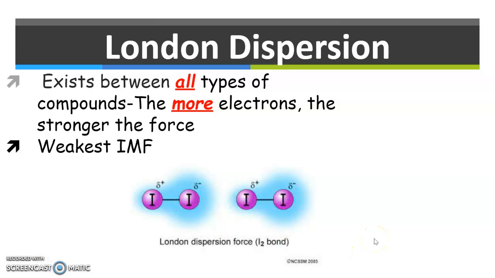So here we have iodine, which is I2, because iodine is one of those elements that always exist diatomically. And this is a pretty neutral compound. The electronegativity difference is 0, right? Because it's the same. So the sharing of the electrons would be equal, and it's just going to have that London dispersion force.